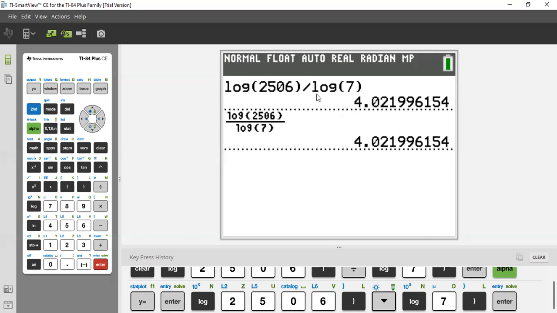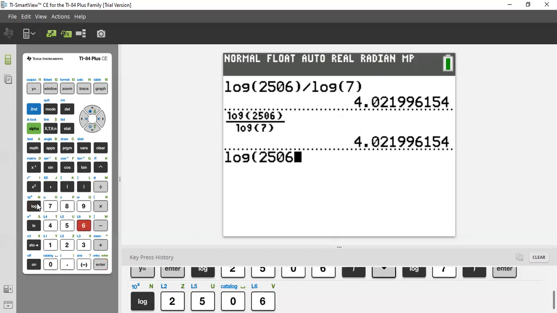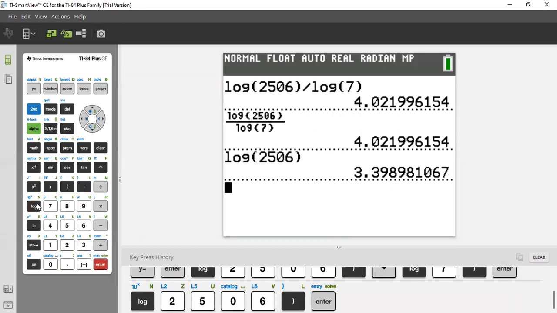Now, for my non-TI calculator students, what you would do, and I'm going to pull these individually, is show you how to do this. I'm going to find the log of 2506, and I'm going to write this out to about 6 decimal places because I want more decimal places than I'm going to round to.